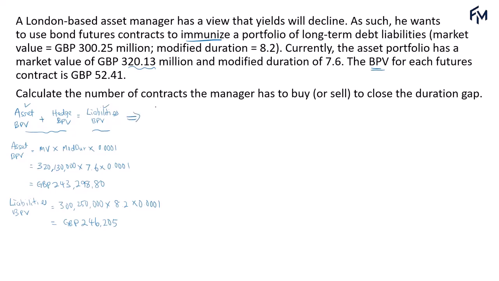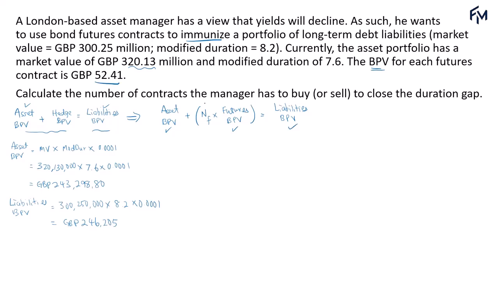So to expand on this formula, we have the asset BPV, then the HBPV, which will depend on the number of futures contracts multiplied by the futures BPV per contract, and this should equal the liabilities BPV. Now we have the asset BPV, we have the futures BPV, which is 52.41, and we have the liabilities BPV.